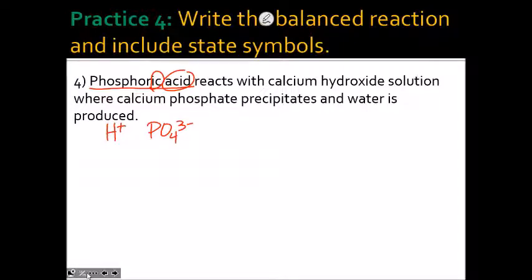Now, to write the formula, how many of each do we need? We want it to add up to 0. 3. Oh, yes. H3, we need 3 of the hydrogen and 1 of the phosphate, PO4. Exactly right. So this is phosphoric acid.